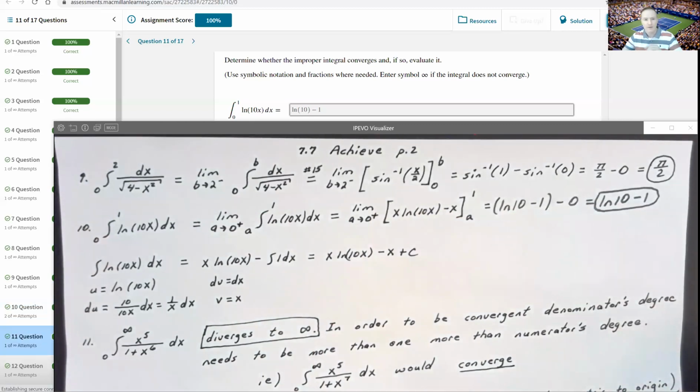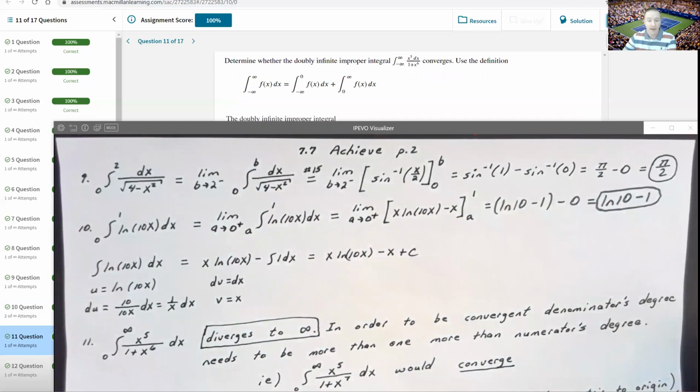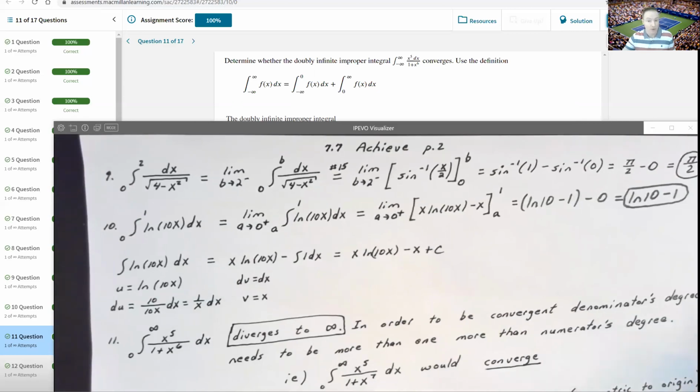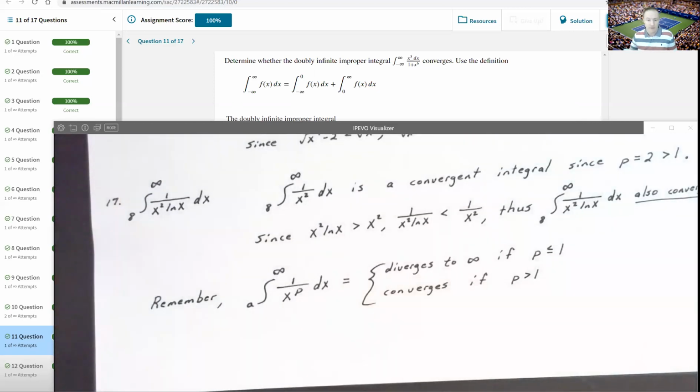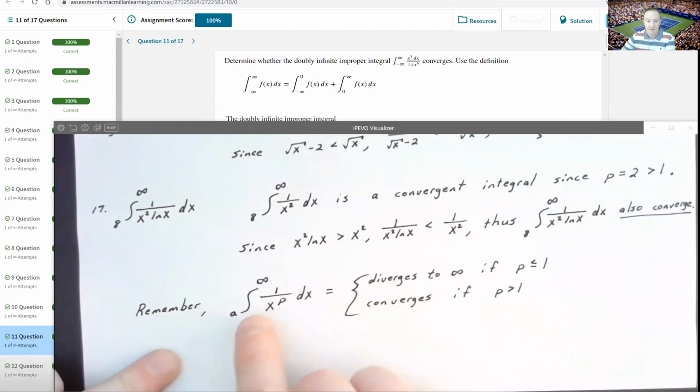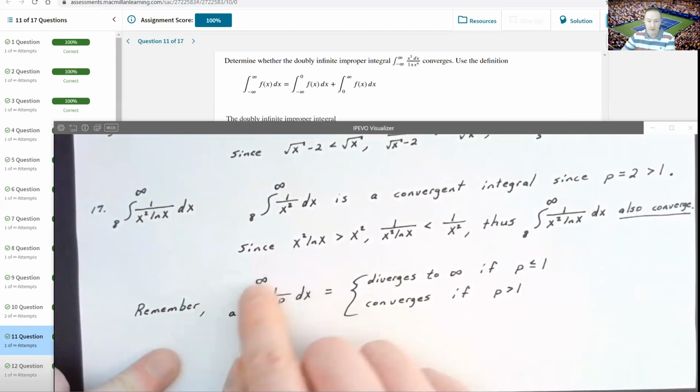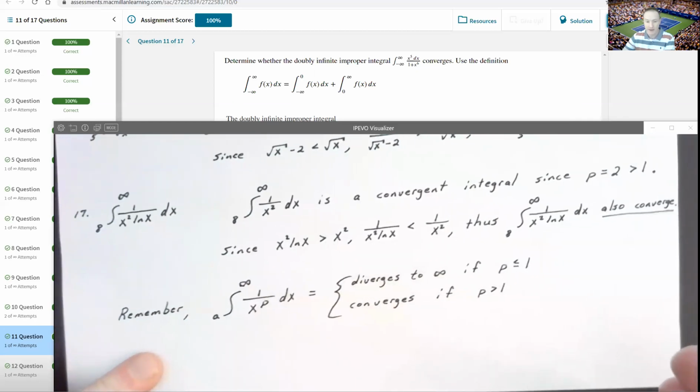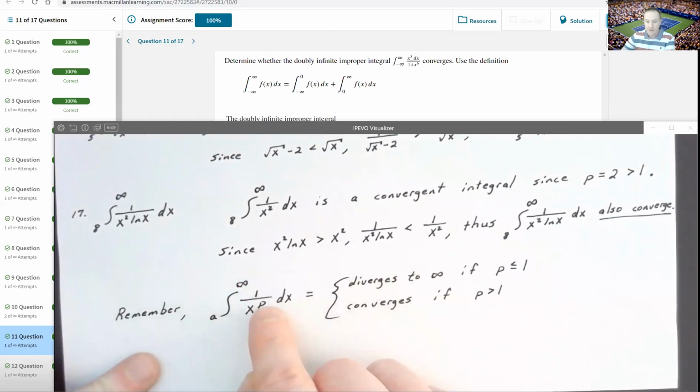Now, a lot of the remaining problems here are just going back to what I talked about in the notes, where I said the integral of 1 over x to the p. And let me refer to something I put here at the end. If you're inside of an infinite integral where numbers are going off to infinity, or even if it's going from negative infinity to some finite value, and your expression can always reduce down to something like this: if the degree of the denominator is more than 1 greater than the numerator, it's going to converge.